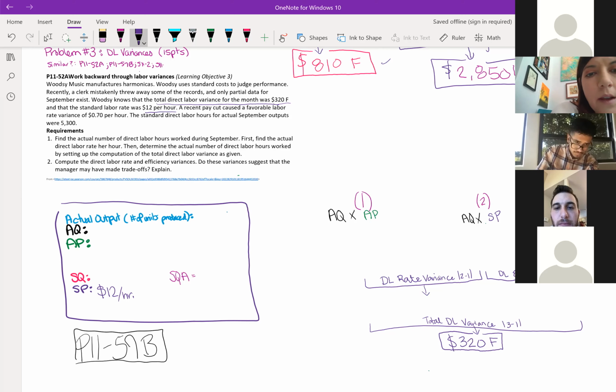A recent pay cut caused a favorable labor rate variance of 70 cents per hour. So the actual price minus the standard price gives us the 70 cents per hour. We will use this somehow.